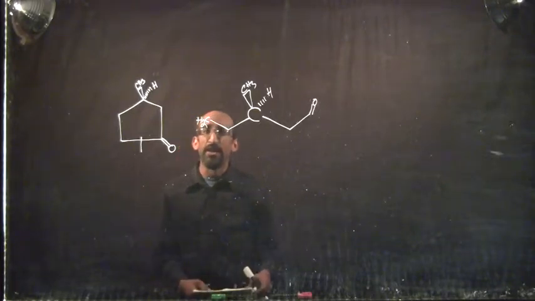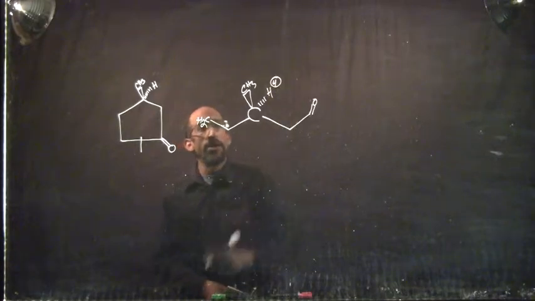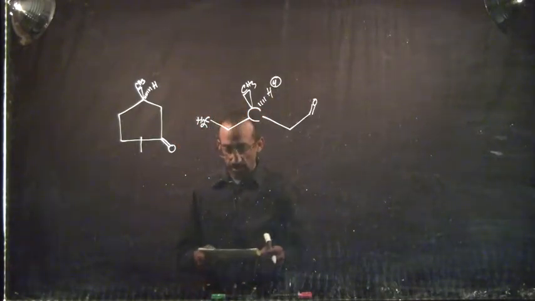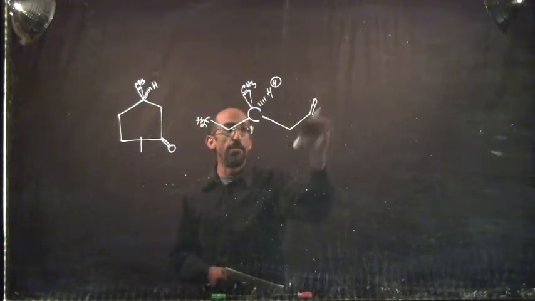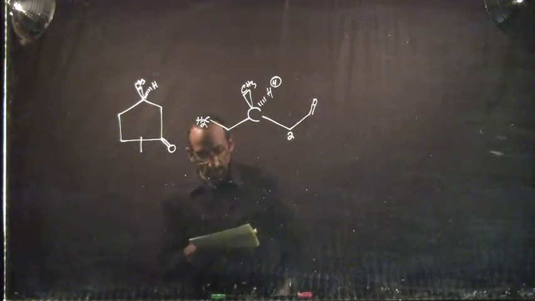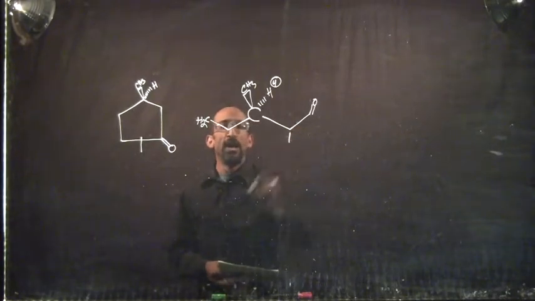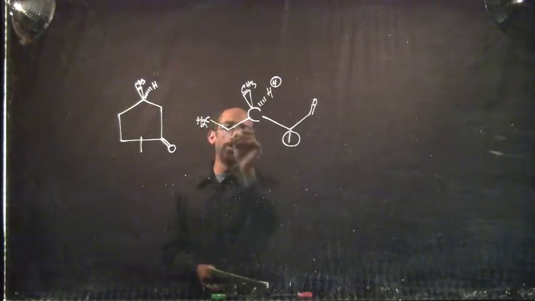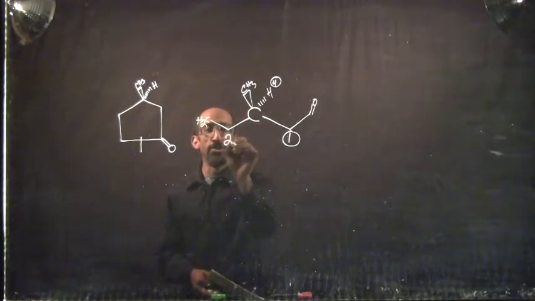And I can once again assign priorities. Our hydrogen, priority 4. If we then go through and look at our 3 remaining substituents, we'll find that the one containing our ketone, or our carbonyl functionality, has priority 1. The group that's just 2 CH2s, that's the pseudo-ethyl group that we have here, would be priority 2.